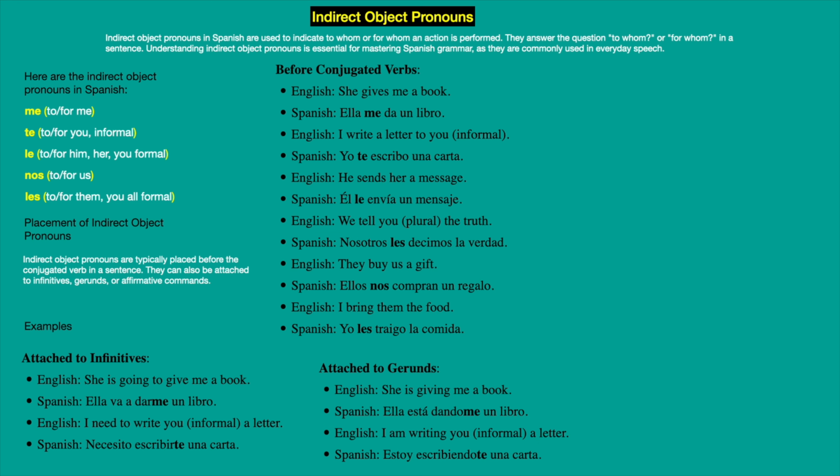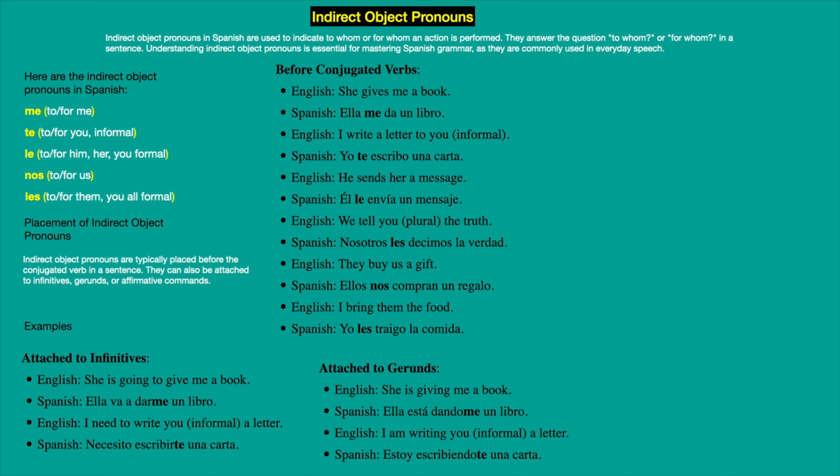I am writing you a letter. Estoy escribiéndote una carta. So again, if you remember, estoy escribiendo una carta. If you say the same as I am writing a letter, you say yo estoy escribiendo una carta. Now at the end, after escribiendo, we are going to put the te.